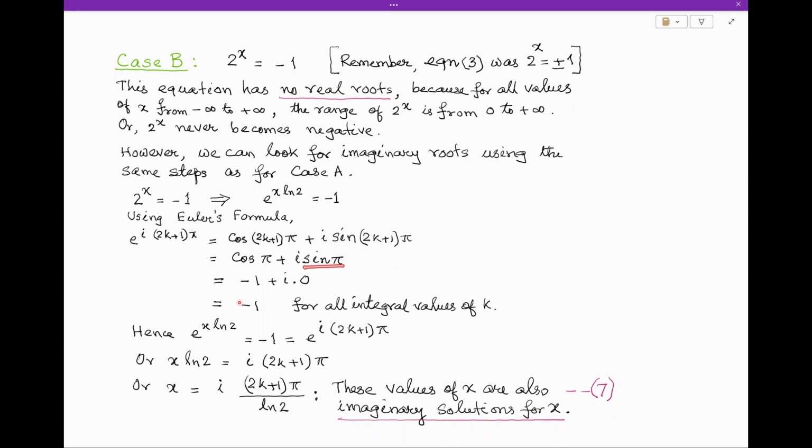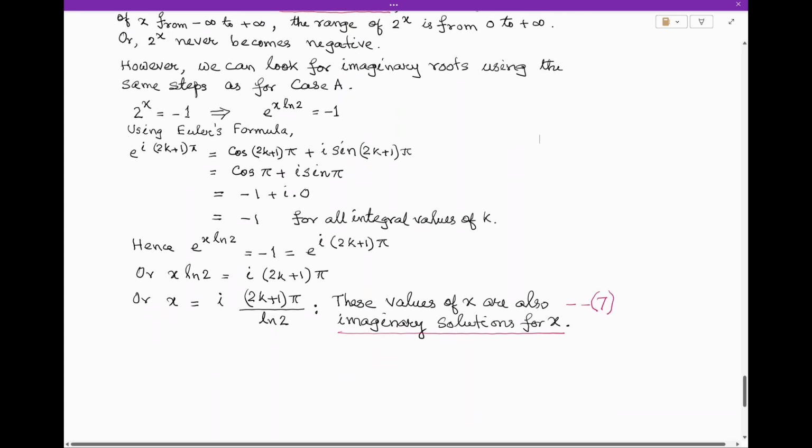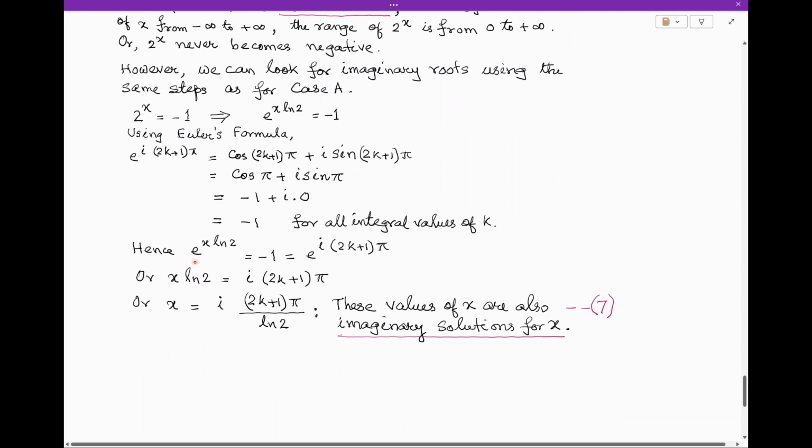Since cos pi is equal to minus 1 and sin pi is equal to 0, we get e to the power of i multiplied by (2k plus 1) pi is equal to minus 1 for all integral values of k. Therefore, e to the power of x natural log of 2 is equal to minus 1, and minus 1 is equal to e to the power of i multiplied by (2k plus 1) pi.